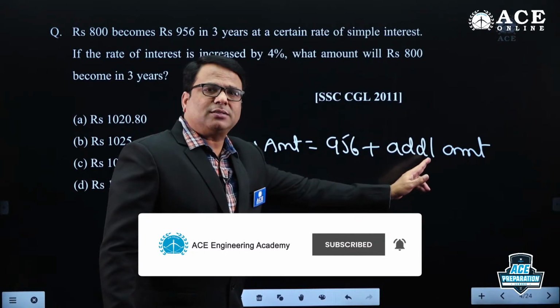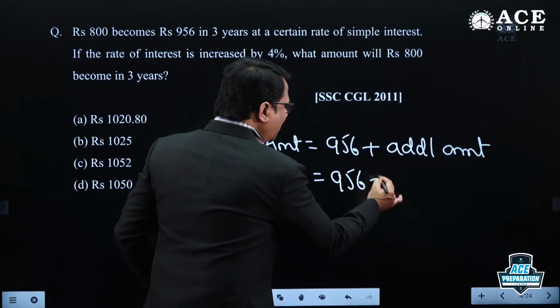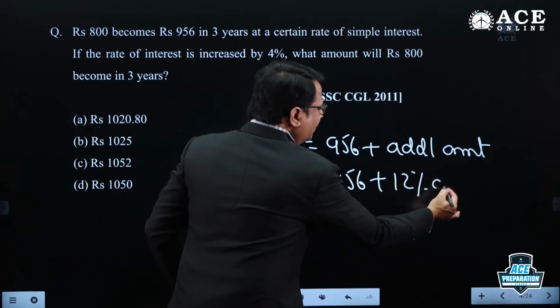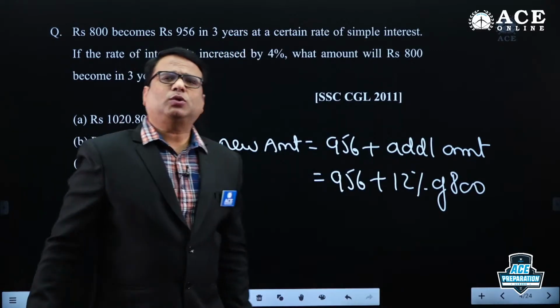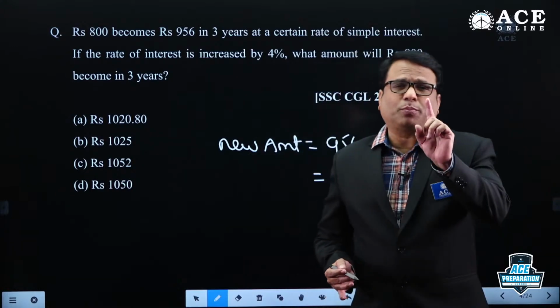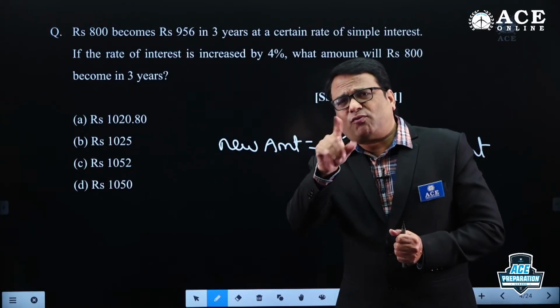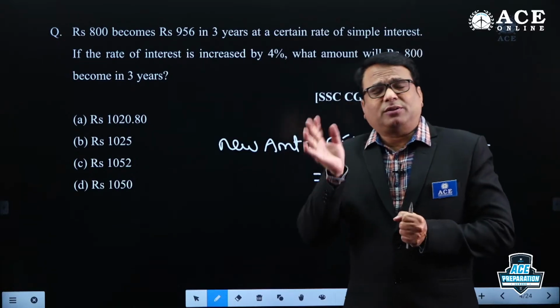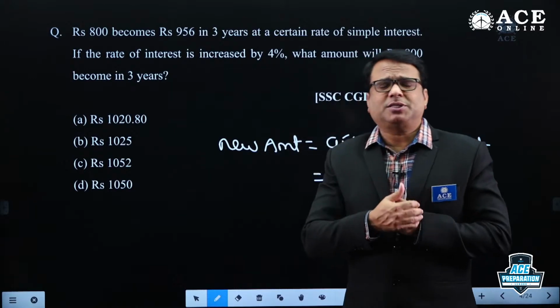How to calculate this? I tell you. 956 plus 12% of 800. Now, how is it 12%? Very simple. Rate of interest is increased by 4%. So, for 1 year, you will get additional interest of 4%. So, for 3 years put together, you will get an additional interest of 12%.